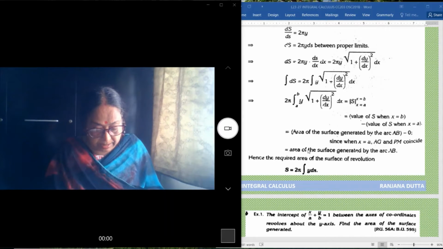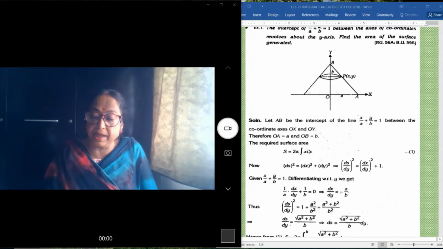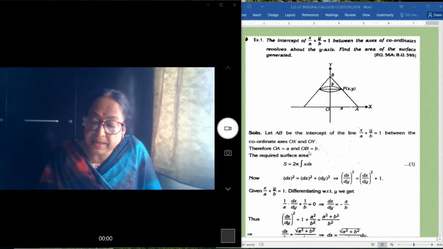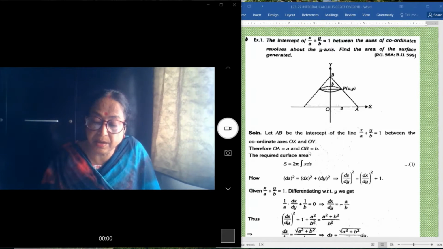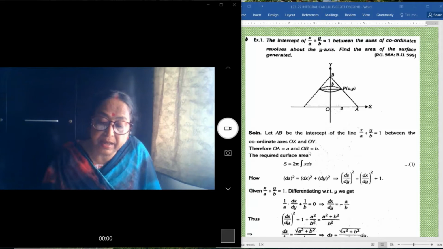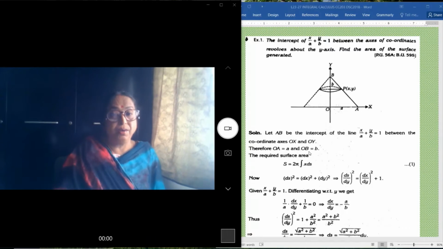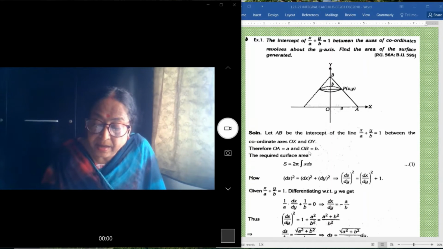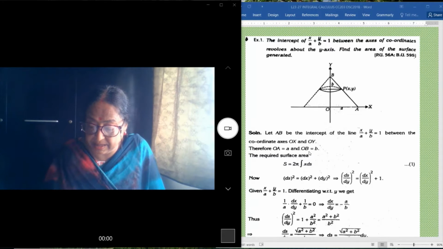We are taking some examples here. Example 1: the intercept of x by a plus y by b is equal to 1 between the axes of coordinates, revolution about the y-axis. Find the area of the surface generated.